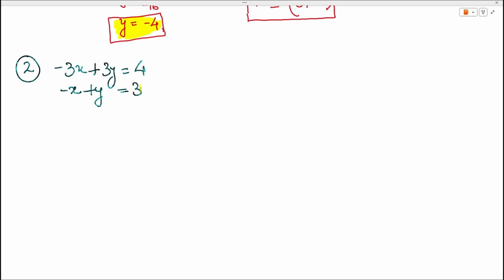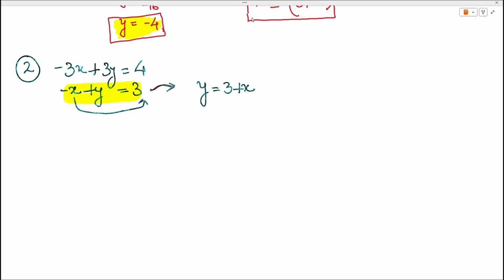Now here in the second equation, we have got two variables which do not have a coefficient as anything apart from 1. So we can use our second equation and try isolating either for x or for y. It doesn't matter. So from our second equation, we are trying to isolate for y. So take x on to the other side. Negative goes as positive. So we have y is equal to 3 plus x.